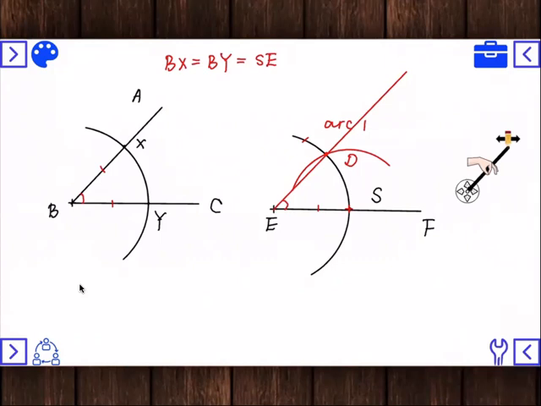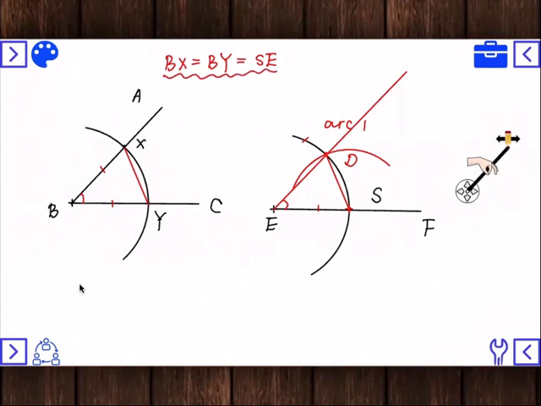We need to use the knowledge of congruence of triangles. Okay, so let's join XY and DS. We've already noticed that BX is equal to BY is equal to SE.